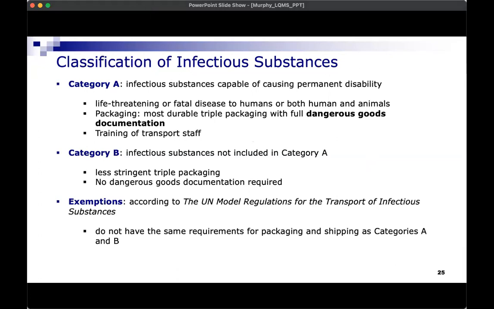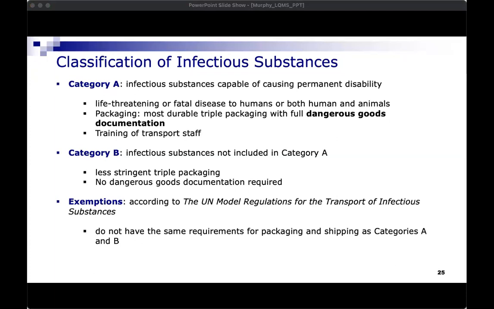And then in category B, you have infectious substances that are not in category A. These have less stringent triple packaging requirements, and they do not require dangerous goods documentation. And then finally, you have the exemptions, and these are according to the UN model regulations for the transport of infectious substances, which have a list of exemptions.